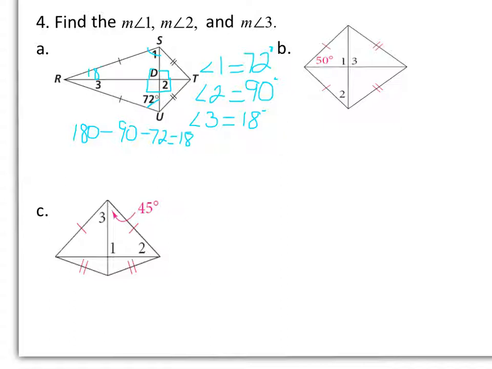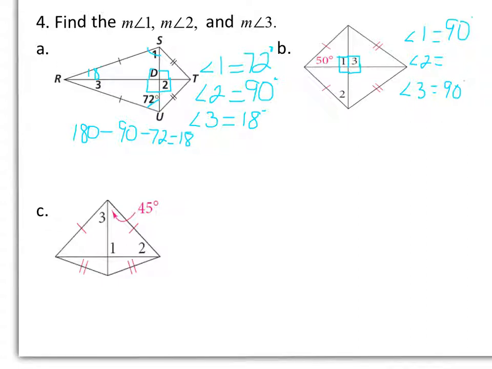Alright, letter B. Again, finding angles 1, angle 2, and angle 3. Well, we can easily find angles 1 and 3 first, right? Our diagonals are perpendicular, so angle 1 is 90 degrees and angle 3 is 90 degrees.